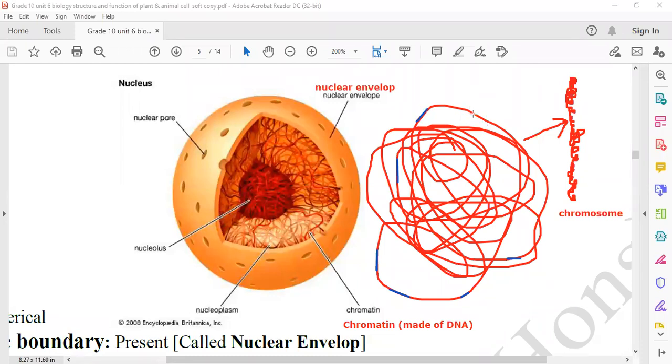Chromatin or chromosome has what? Small DNA segments. These DNA segments are called genes. These genes are responsible for our character. We have father's characters and mother's characters in our body. Whatever the qualities you have, whether a good quality or a bad quality, a talent or a weakness, all these are coming to you from your father and mother.